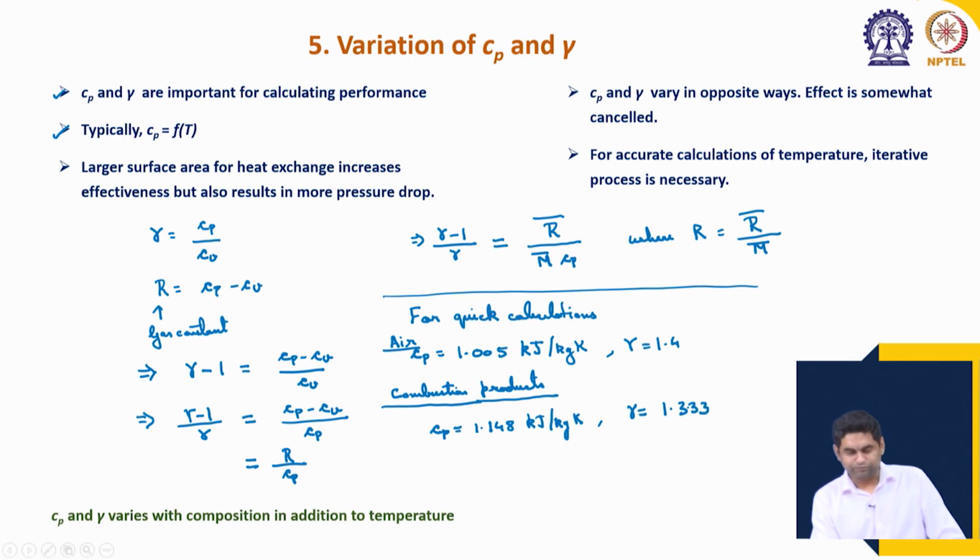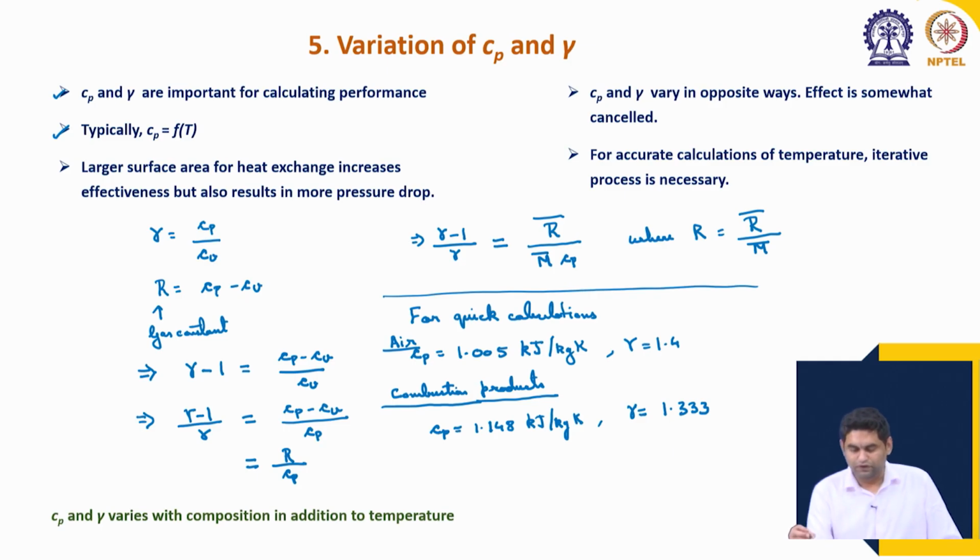I was wrong in the beginning, I misspoke that gamma will depend on the number of atoms, but it is the other way around. Monoatomic gases will have a higher value of gamma and diatomic gases will have a lower value. In this case it is even lower because we have CO2 and H2O.